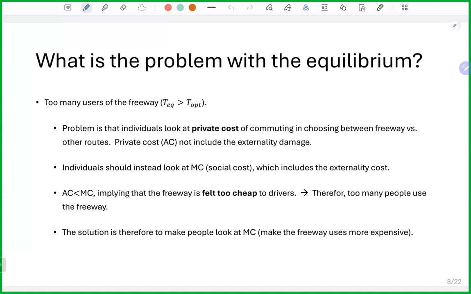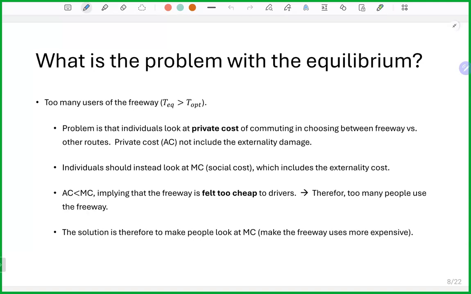We don't have to worry about the first term because you already consider it as your private cost. We only worry about the second term, so that your new private cost including the toll becomes that marginal cost.